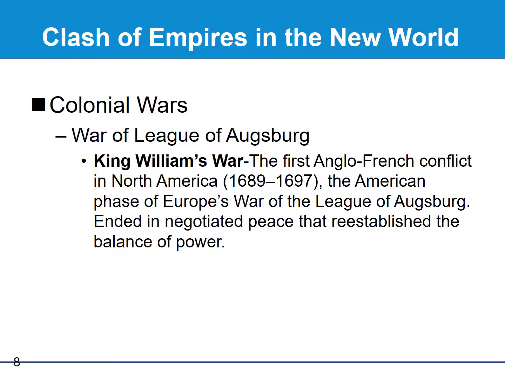The American phase of the war really doesn't have any huge impact. It ended with a negotiated peace that established the balance of power in Europe, and it really doesn't have any lasting impact on the colonies.